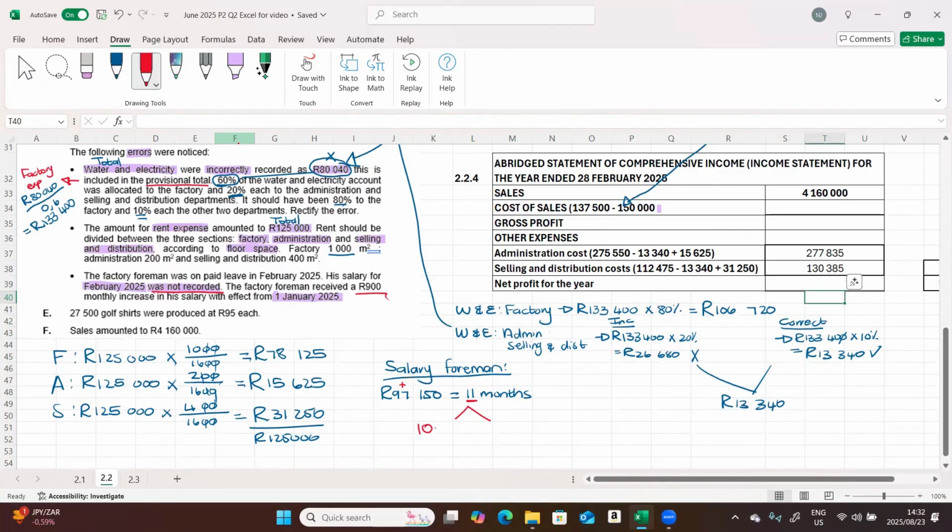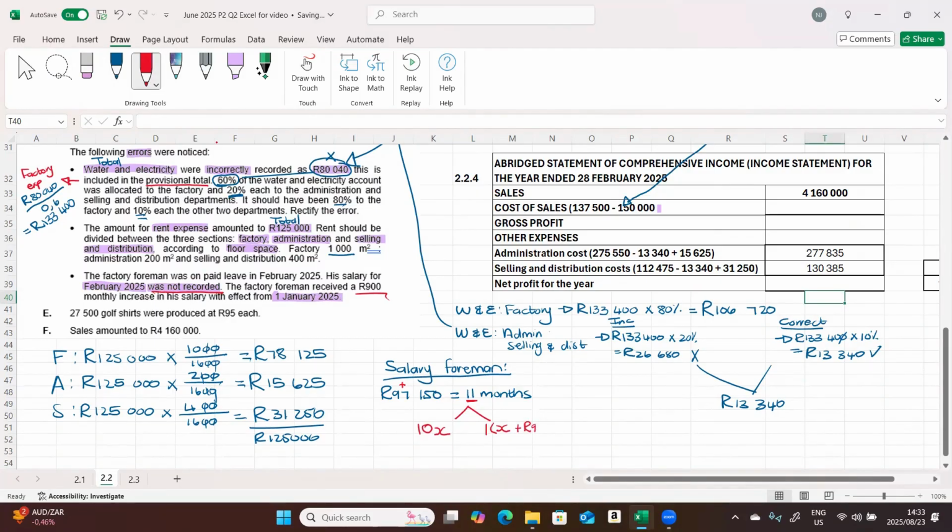So it's 10 months times the normal salary. We always call the normal salary x, the one without the increase. So for 10 months, it was times your normal salary. And for 1 month, it was times your normal salary, which is x, but we had to add the 900 Rand.